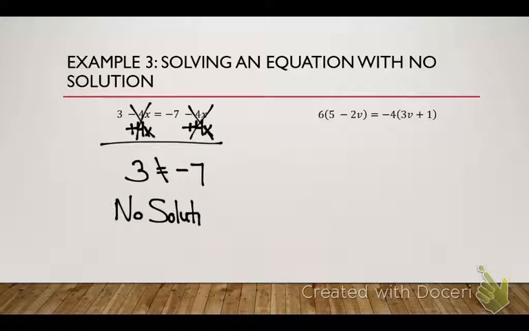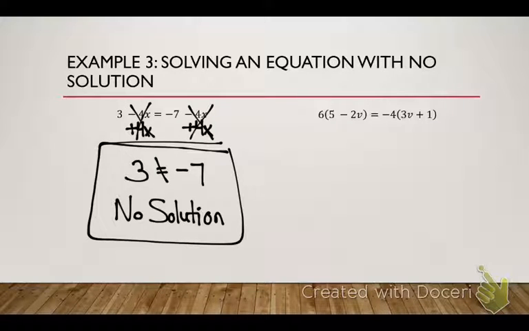This is not typical, but in the event that my variables completely cancel out and what I'm left with is not equal, I have no solution. With the problems, especially on your quiz, your test, even your homework assignment, no solution and infinite solution, which we'll learn in a second, are typically going to be hidden in the original problem.